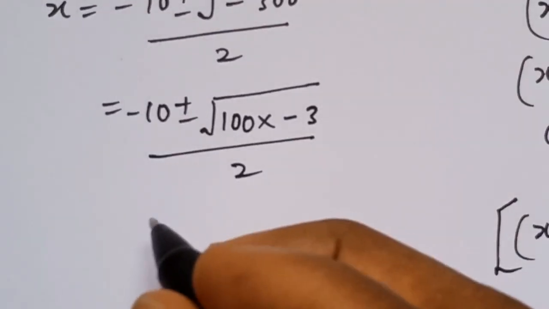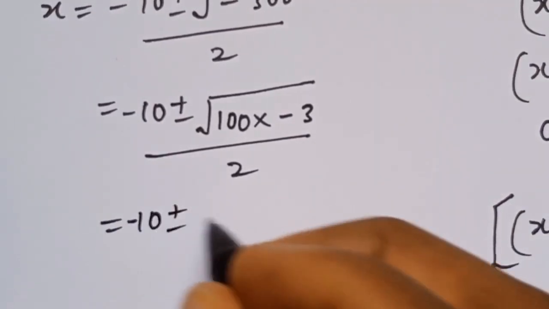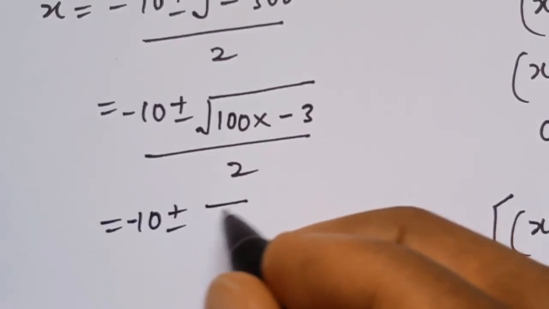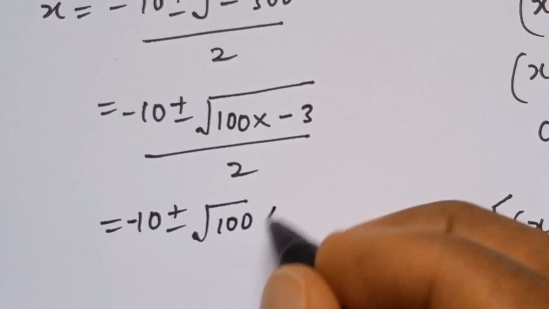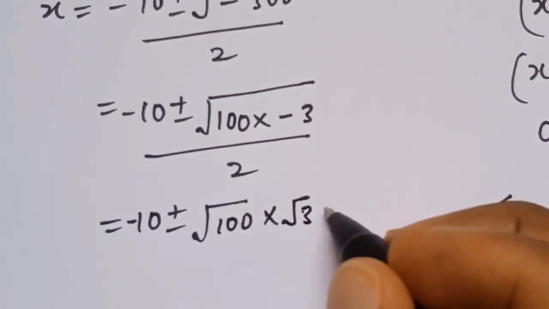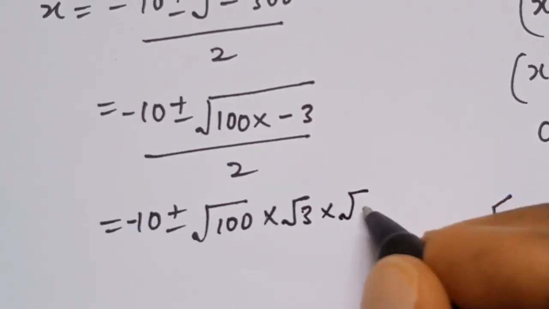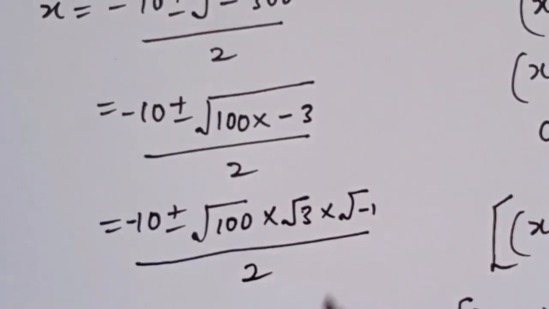This can also be simplified as minus 10 plus or minus square root of 100 multiplied by square root of 3, then multiplied by square root of minus 1, everything over 2.